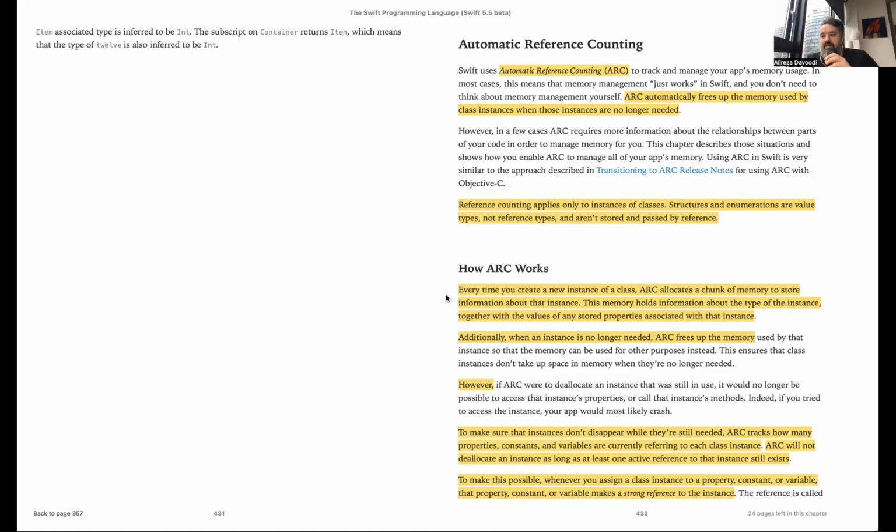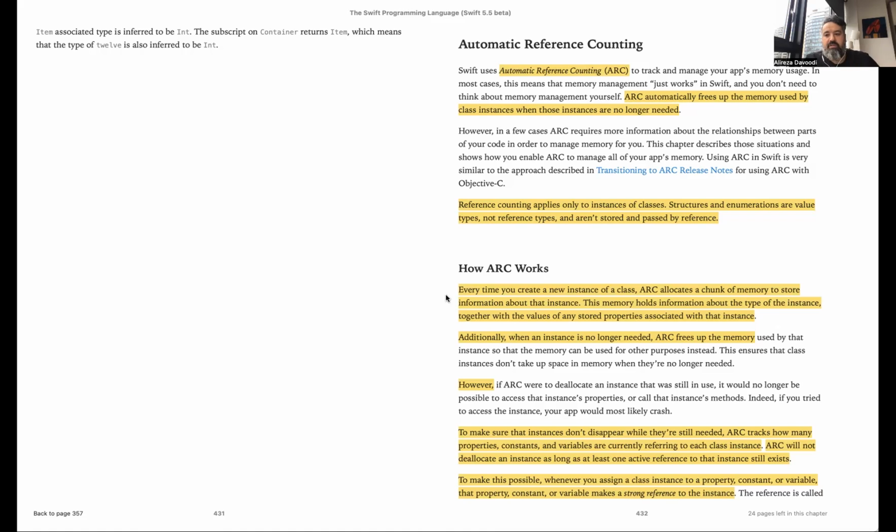In other words, the reference count says how many people are interested in this data in this location of memory. Every time you assign it, the reference count, which starts from 0, is increased by 1. So if only one property is assigned to this instance, the reference count for that instance is 1.